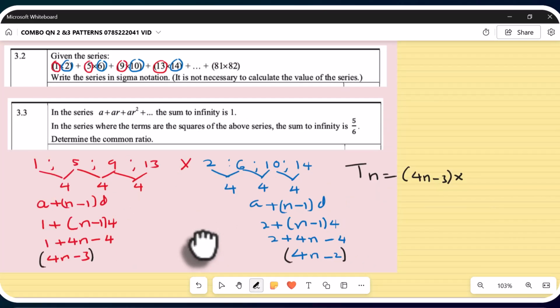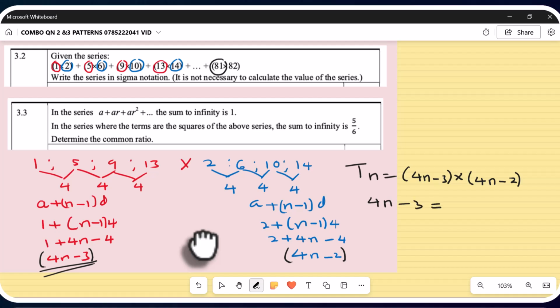Now in the series where the terms are squares of the above series, the sum to infinity is 5/6. Okay, so first of all, we know the sum to infinity for any geometric series is given by a over 1 minus common ratio, but it says this equals 1, okay? So we can say this is equation 1.